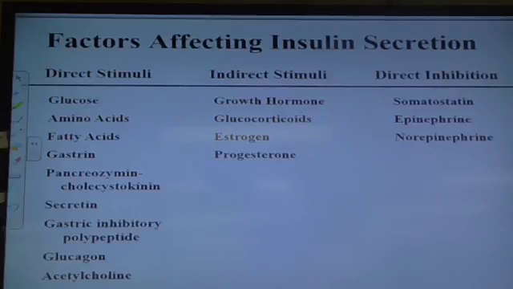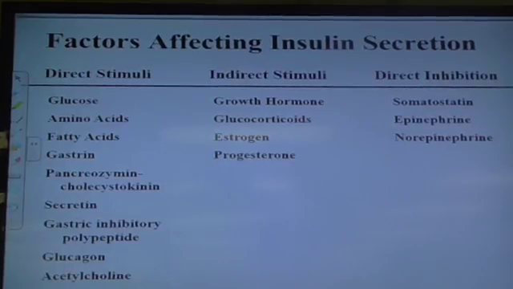And then we have epinephrine, norepinephrine. Why do you want epinephrine, norepinephrine to inhibit insulin? Well, that's fight or flight, right? What has to be getting a lot of glucose to figure out if you're going to fight or flight? The brain. The brain does not use insulin receptors in the majority of its portions.